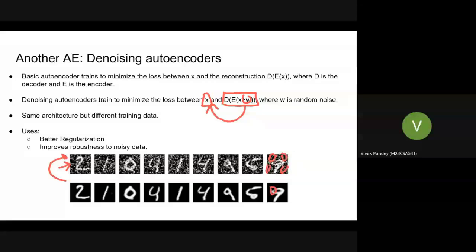By adding the noise and forcing it to reconstruct the original X, you are teaching it to ignore the noisy part and focus more on the image part. Because the inbuilt noise is very low, it is not able to distinguish otherwise.